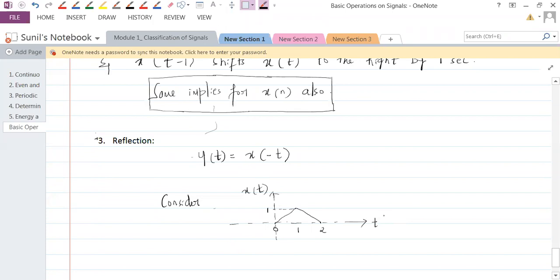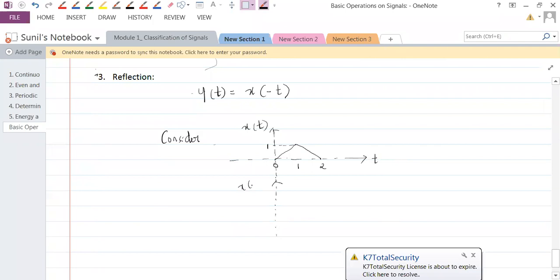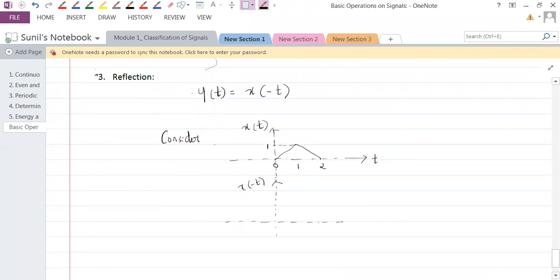Now, if I do x of minus t, this we already have seen in our initial discussions. Let's see that.